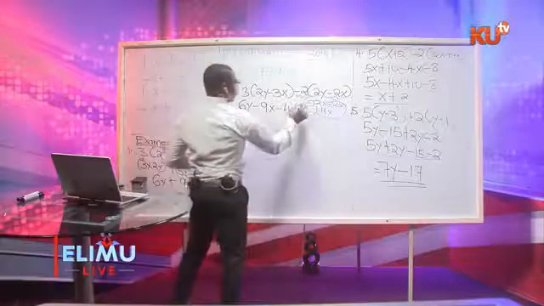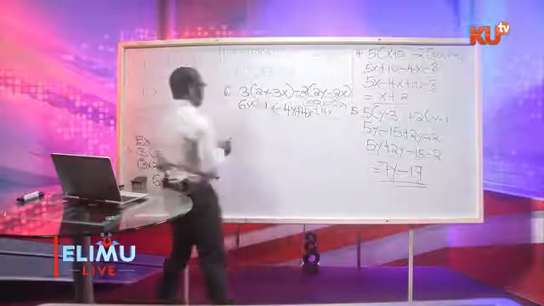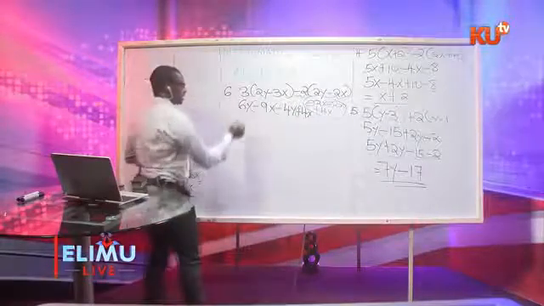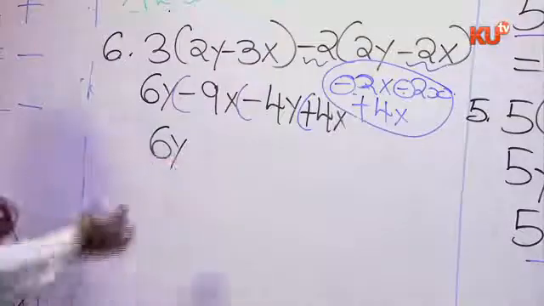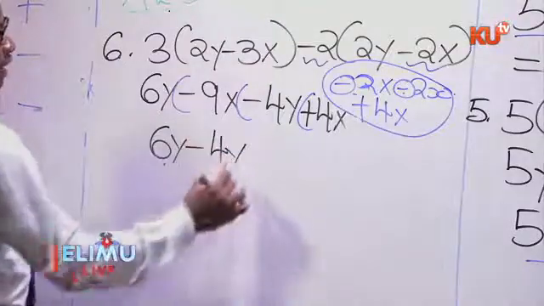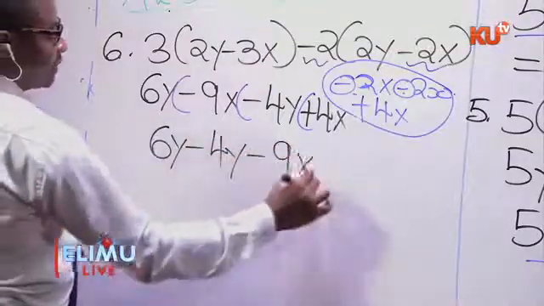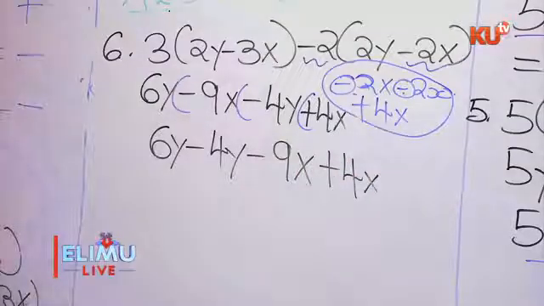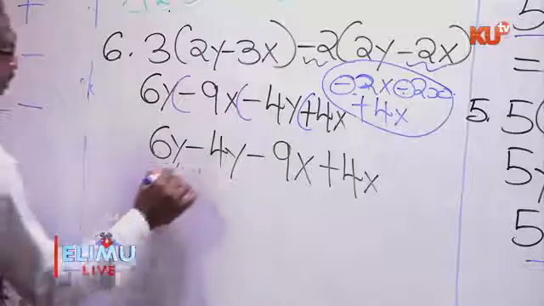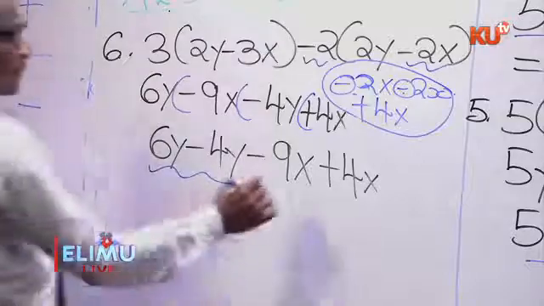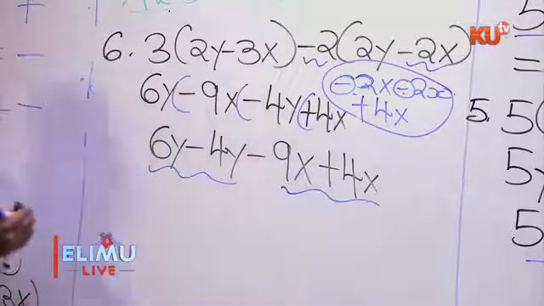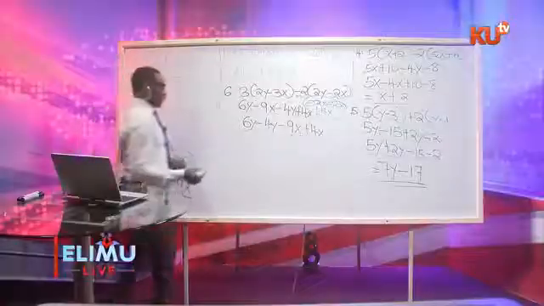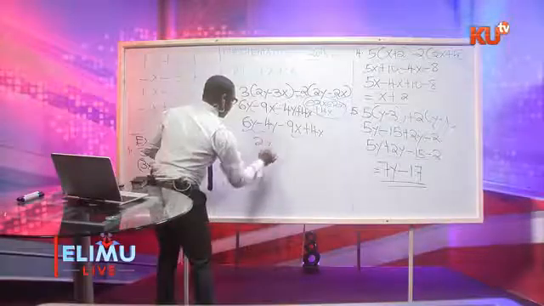Then you have the signs, and then you collect the like terms, which are 6y minus 4y minus 9x plus 4x. So we have collected the like terms, 6y minus 4y, and 9x plus 4x. So 6y minus 4y, that is 2y.